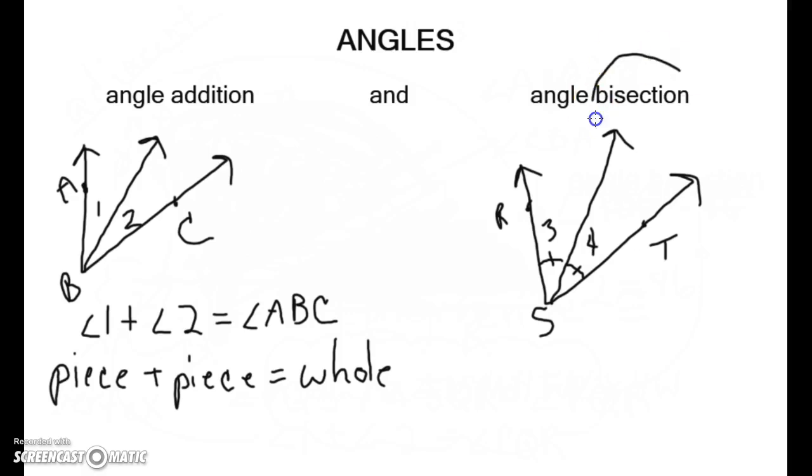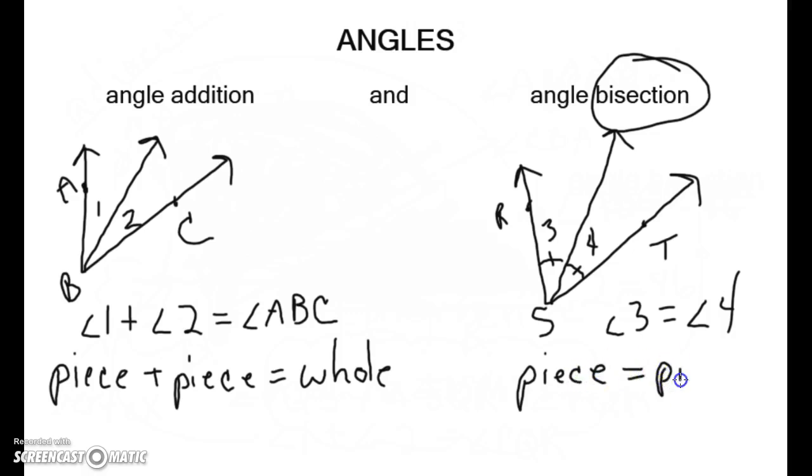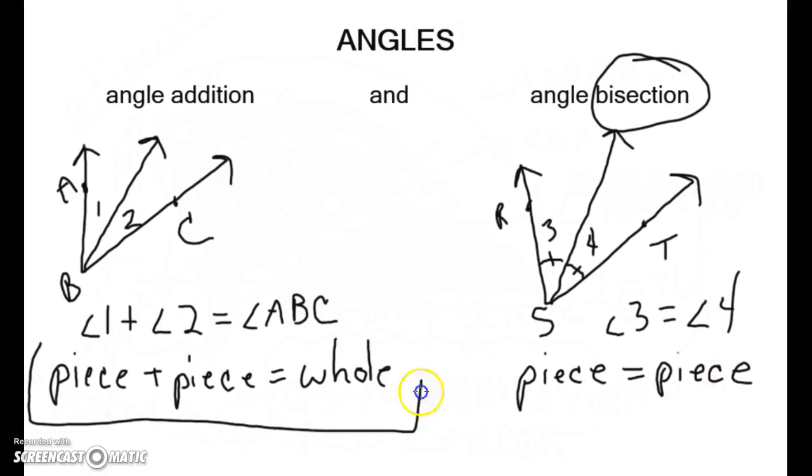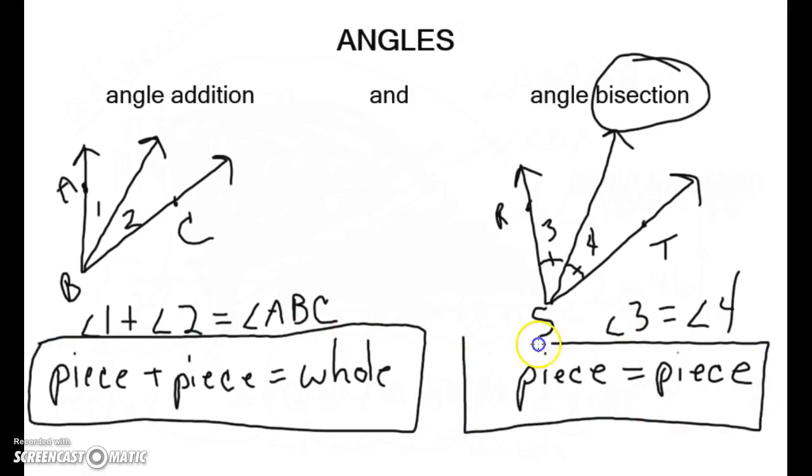But because it's a bisection, more than likely you're going to say angle 3 equals angle 4. And this is in the format of piece equals piece. Now, bisection usually means it's going to be piece equals piece, but every now and then you're still adding up the two smaller pieces to get the larger one. And again, these are the two most frequent equation formats that we deal with in our beginning figures in geometry.